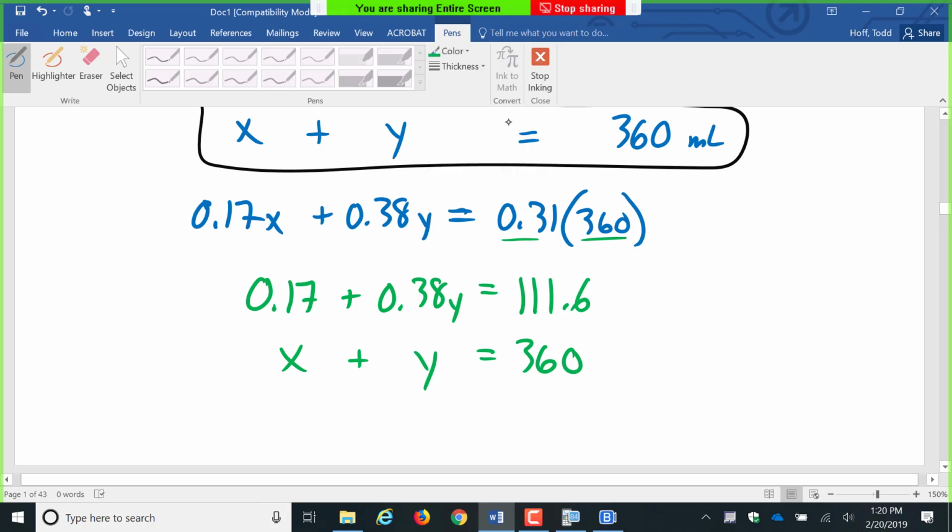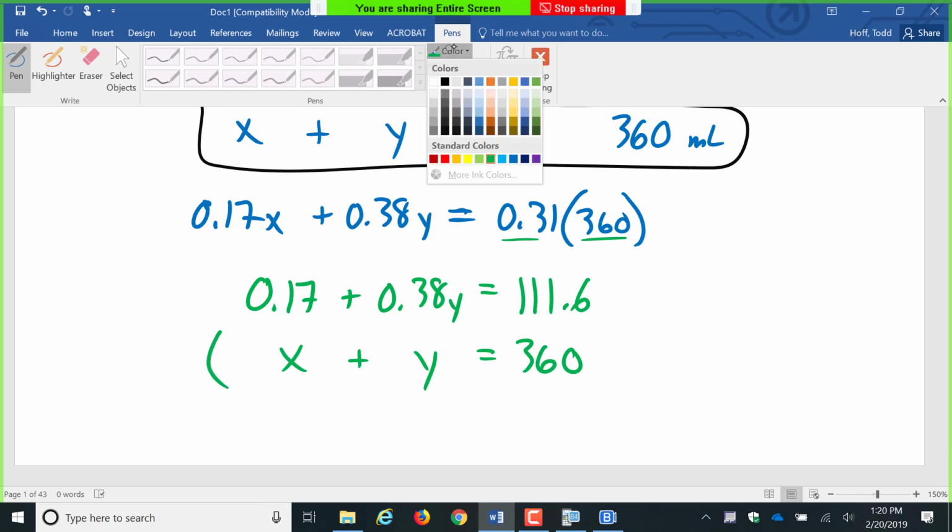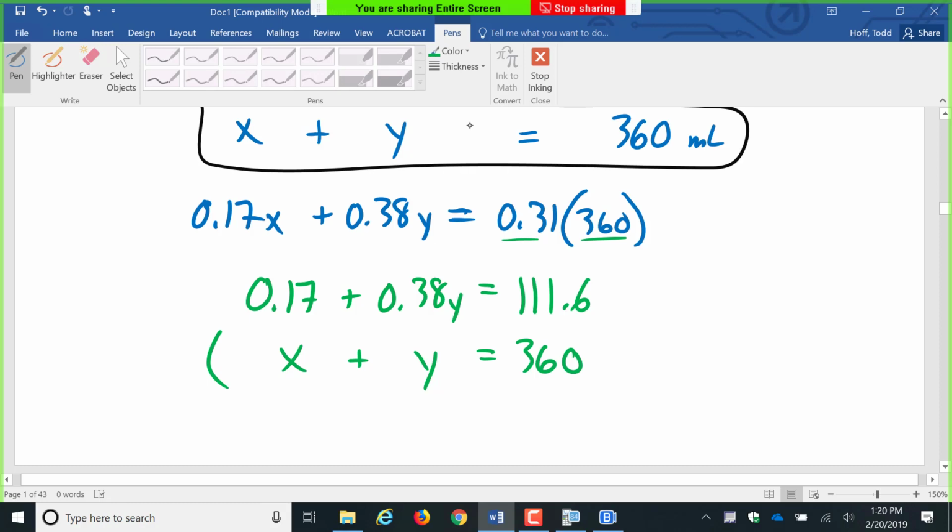This is where the other day we discussed what you do when you've got these ugly decimals. Well, this one doesn't necessarily apply to that because the decimals are only in one equation. So I could multiply this bottom equation by like a negative 0.17 if I wanted to, and it would work out.